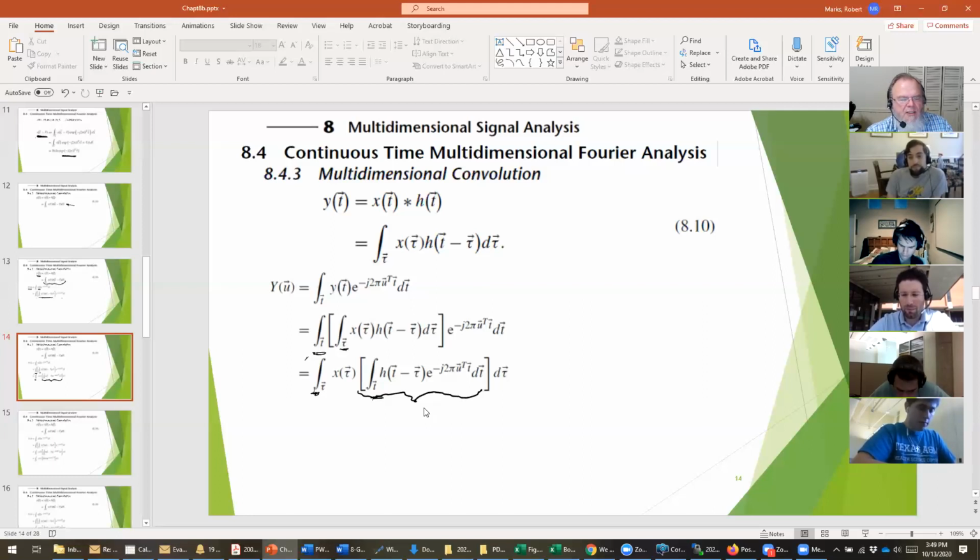So again, we're down to this point after we've shifted integration operations, and the nested integral can be evaluated using the shift theorem. And what happens with the shift theorem? We get the Fourier transform times an e to the minus j shift, right? So that's what we get here.